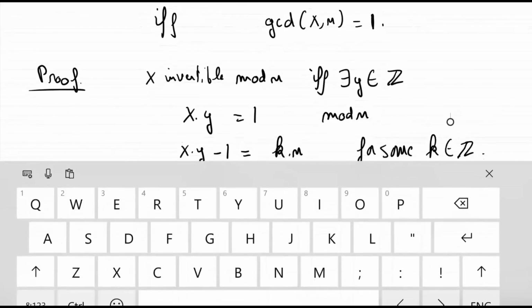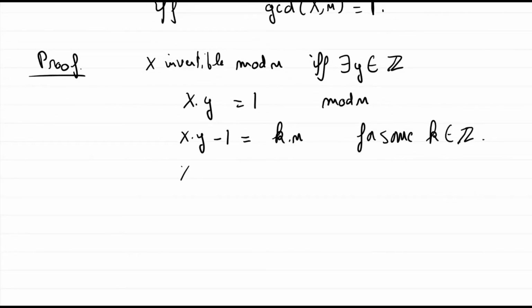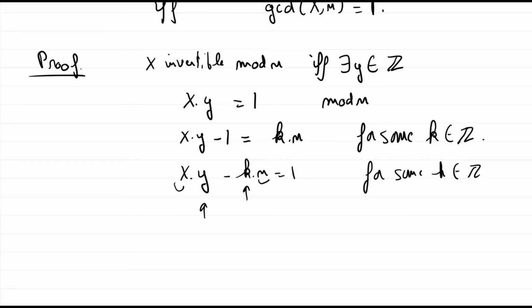Now, when is this true? By rewriting this, I can write x times y minus k times n is 1 for some k in Z and some y. Now, for a given x and a given n, when could I find such a y and such a k such that this equation is true?